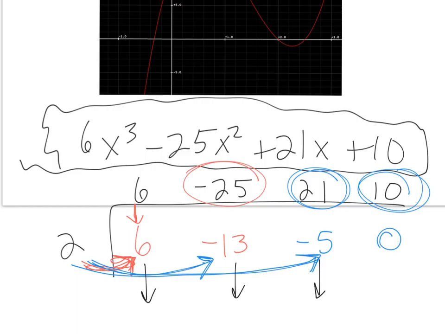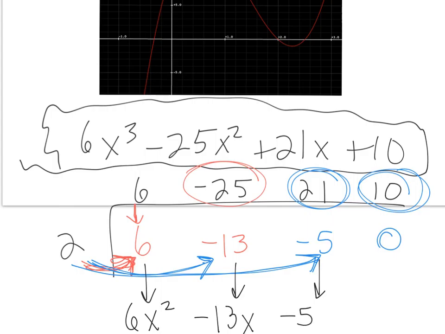It's really important to recognize that when you get 2 as a root, that means x minus 2 was one of your factors. So you could get the other factor now, which is your depressed equation. Let's write that down. We started with cubic, so this is going to be quadratic now.